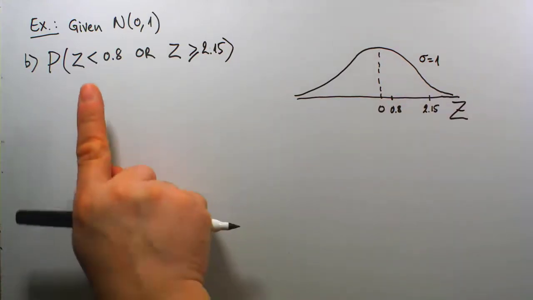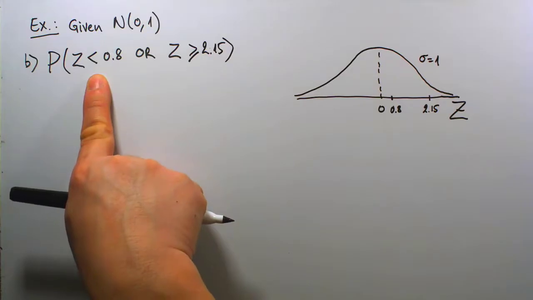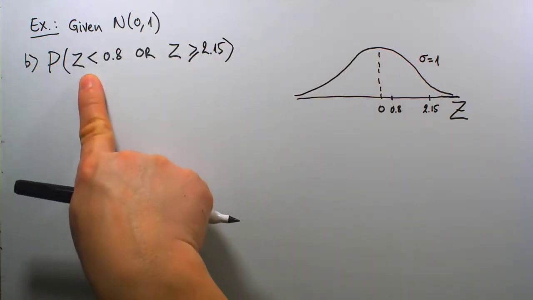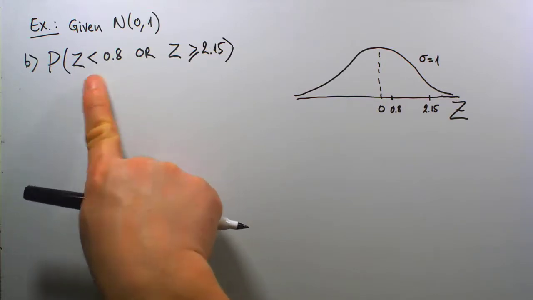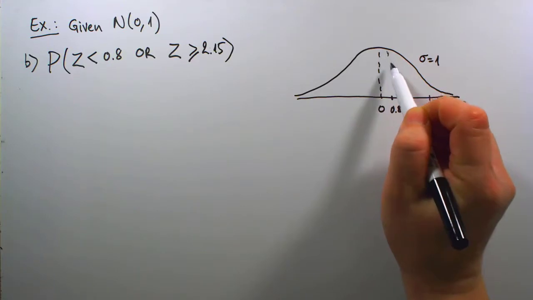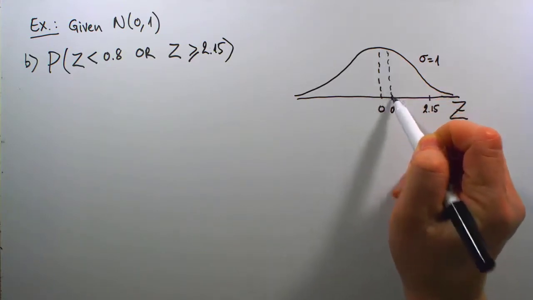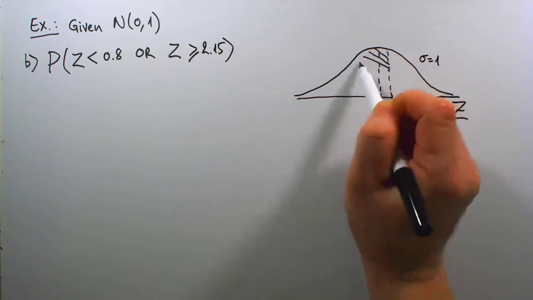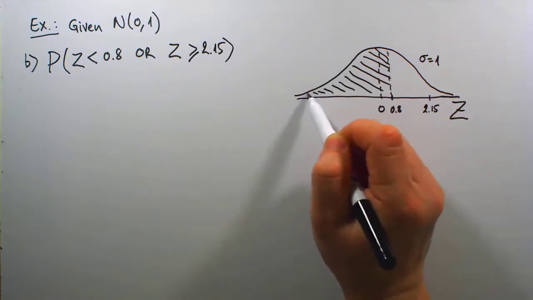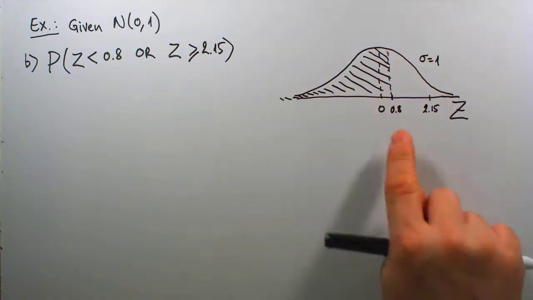And so now our first inequality in the entire event here is looking for a z-score being less than 0.8. So a z-score less than 0.8 is graphically described as an area completely shaded to the left hand side of 0.8.